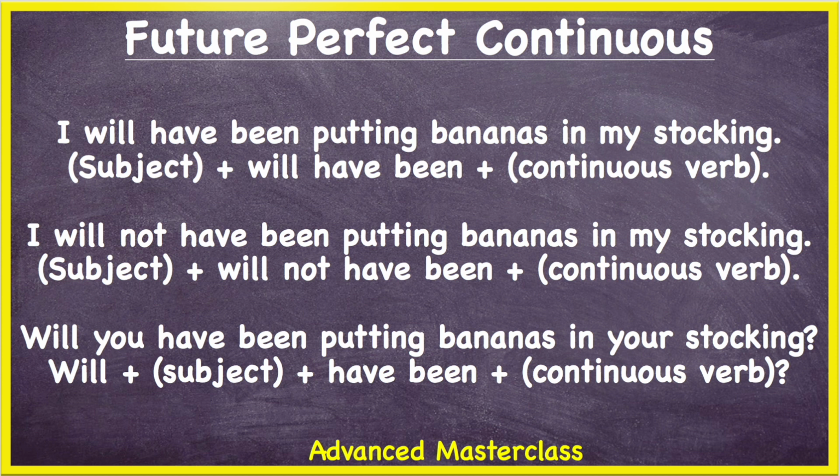And the question is will plus subject plus have been plus continuous verb. So, will you have been putting bananas in your stocking? If you can get this grammar right, then the ones that I'm going to be talking about next will be very simple.